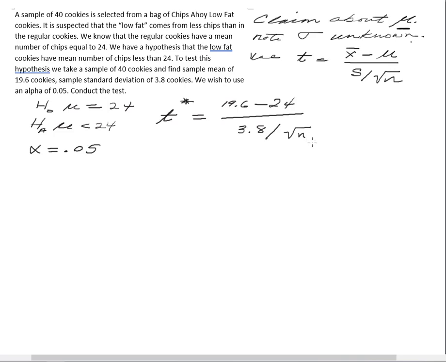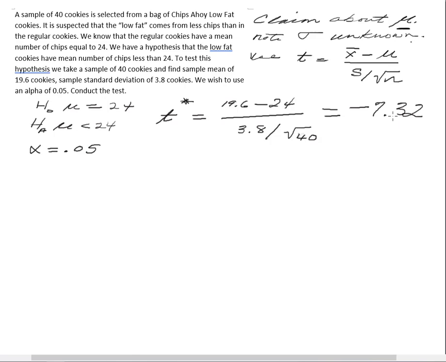Now I'm going to erase that n because n is the sample size, and we know what that is. For this example, we've got an n of 40. So there's the t observed. You want to know what that is as a number? Okay. This value of t, when I computed it with the calculator, is negative 7.32.